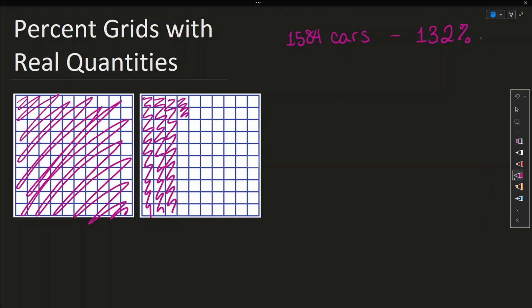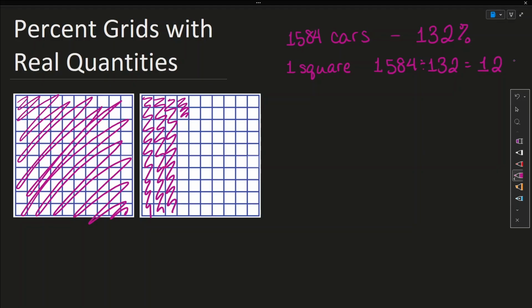Since each small square represents 1%, we can find the value of one small square by dividing. 1,584 divided by 132 gives me 12. So one small square, or 1%, represents 12 cars.